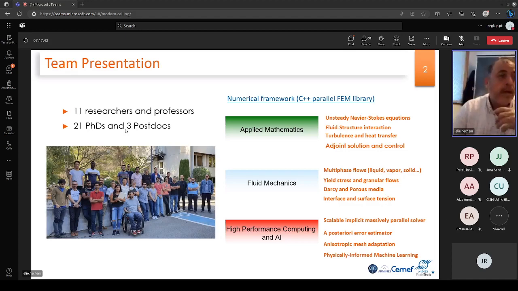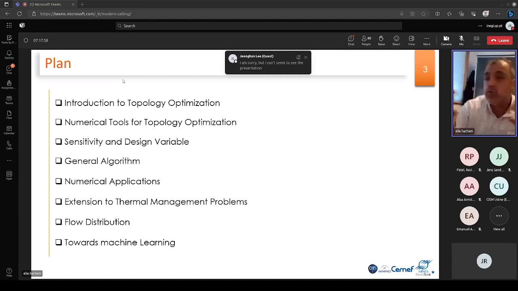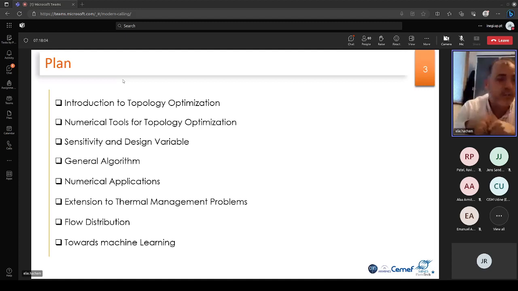So today I'm going to talk about topology optimization. What are the numerical tools that will be used to do that? Looking at the sensitivity and design variable. And what is important is to propose for you these general algorithms that you can use later, and show you a lot of applications to understand the performance and flexibility of this method.